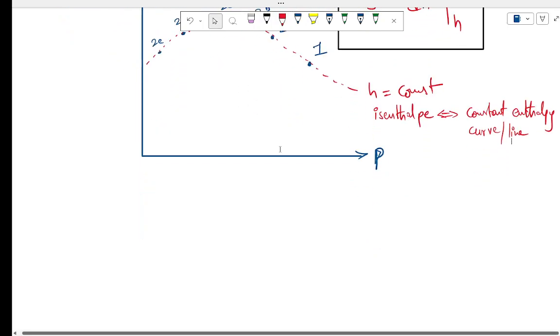In order to further understand this Joule-Thomson coefficient, we should understand the concept of the inversion curve. What is the inversion curve basically?